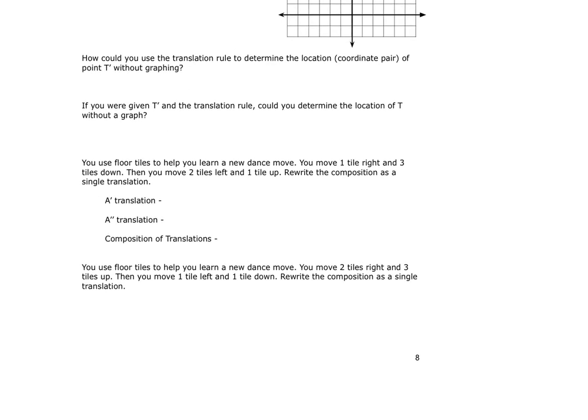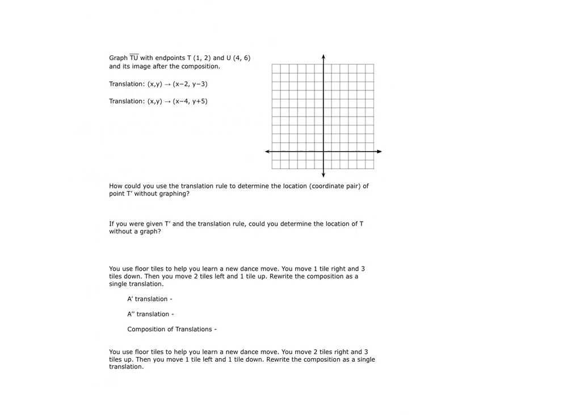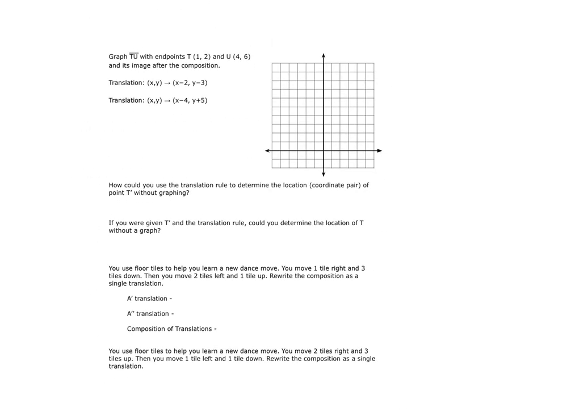How could you use the translation rule to determine location, coordinate, point T without graphing? Okay, so what I will tell you on this one here, if I wanted to get from T to T prime, we've already talked about this.